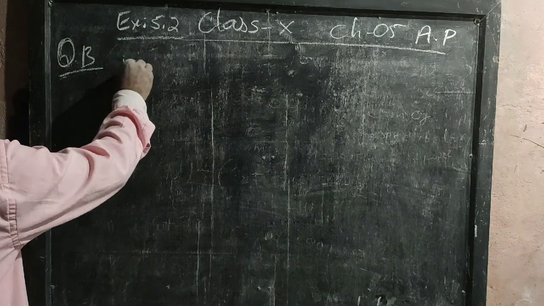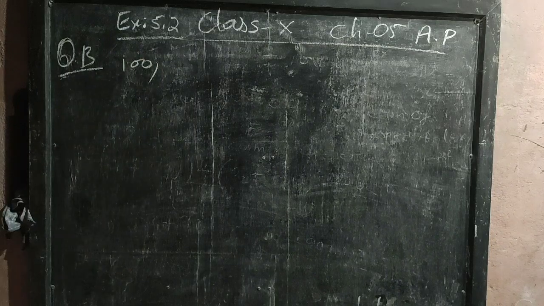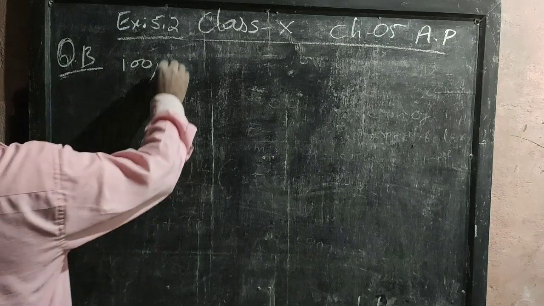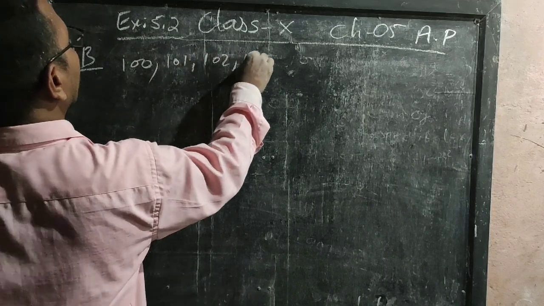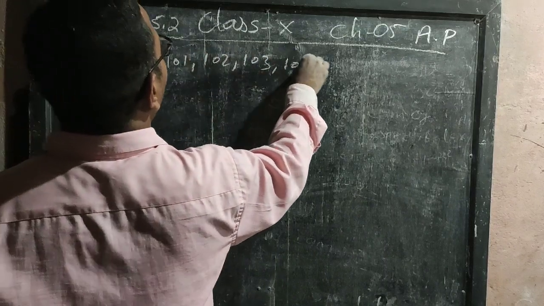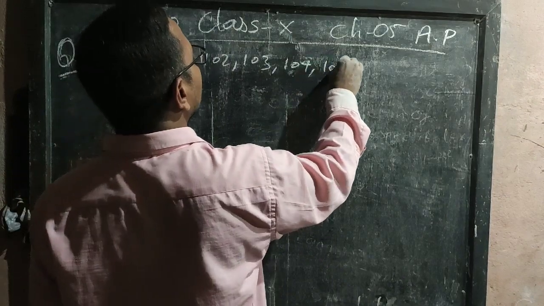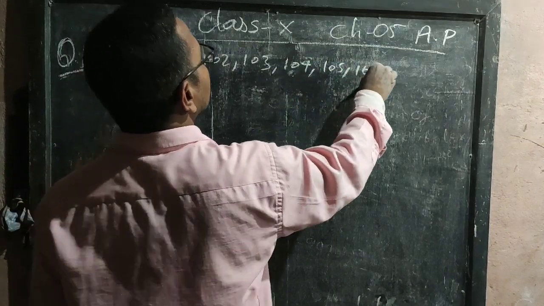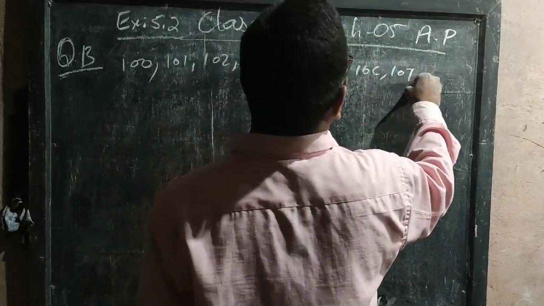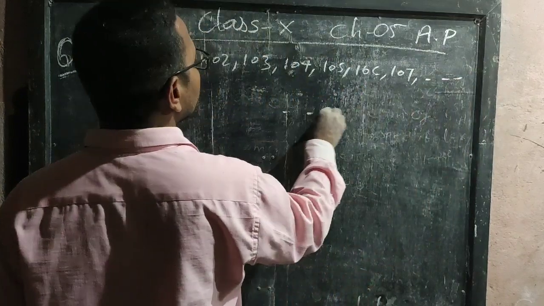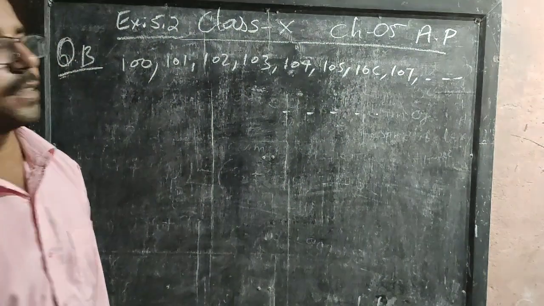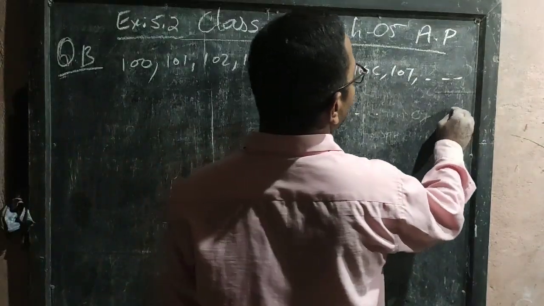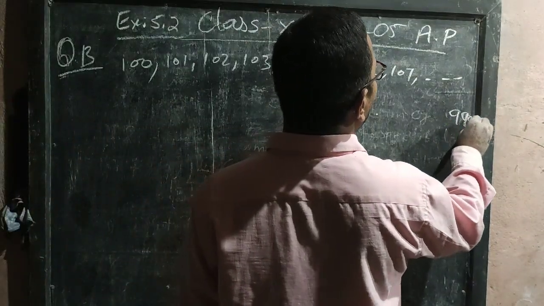For 3-digit numbers, first we write 100. After this, 101, 102, 103, 104, 105, 106, 107. Students, you may write like this till the last 3-digit number, 999.